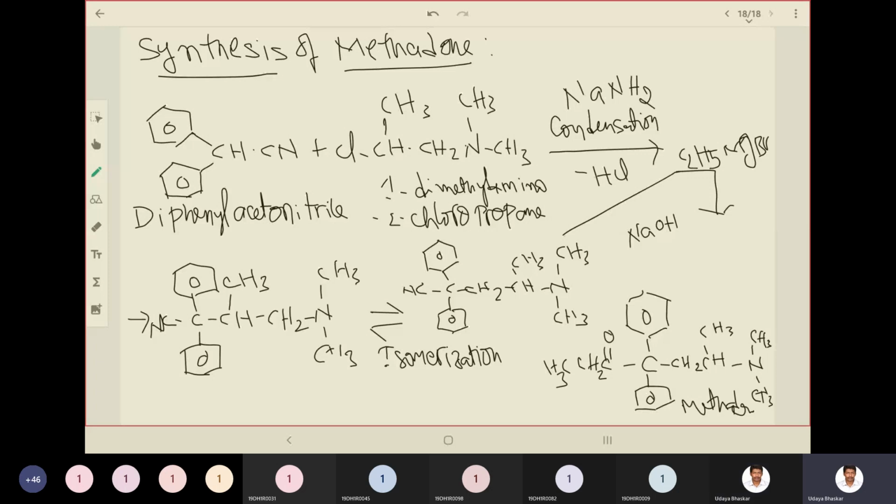We have condensed diphenyl acetonitrile with 1-dimethylamino-2-chloropropane to get one intermediate that undergoes isomerization, where the methyl group shifts from one carbon to the adjacent carbon. Then we use Grignard reagent with the help of base to get the methadone. So this is about the synthesis of methadone.